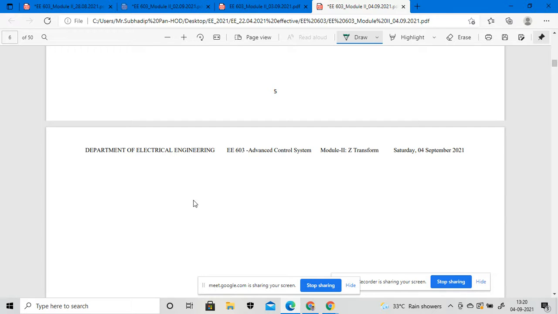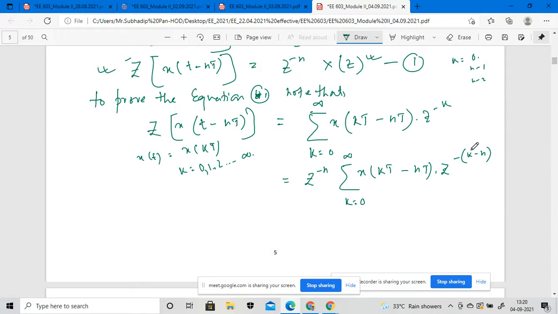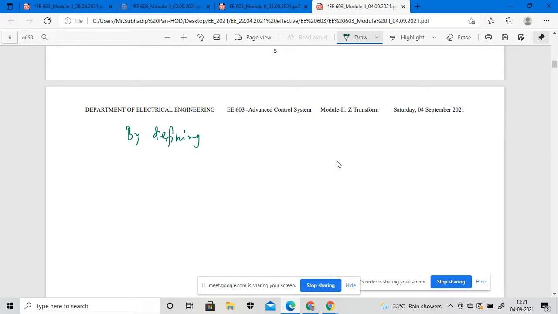In the next step, we are defining this k minus n as m. Anything you can choose; I am choosing m, you can choose p, you can choose q, anything.